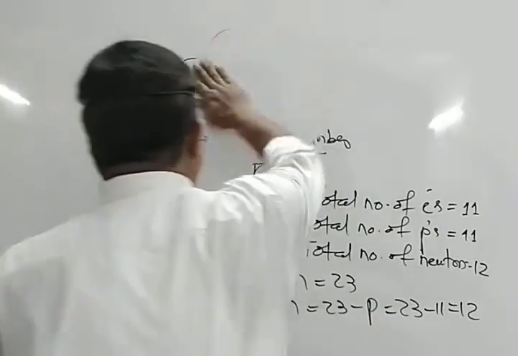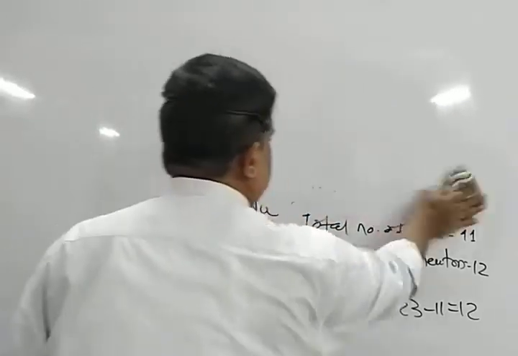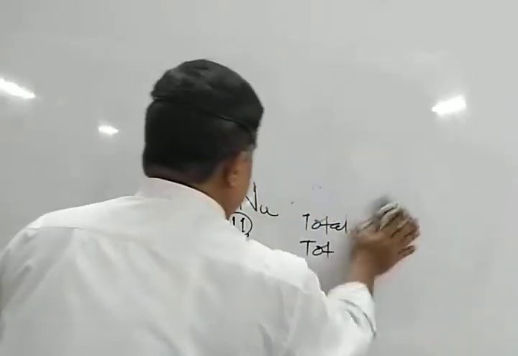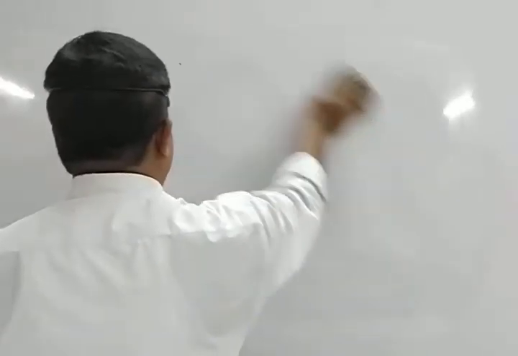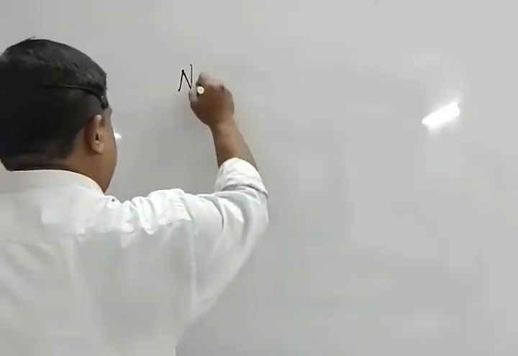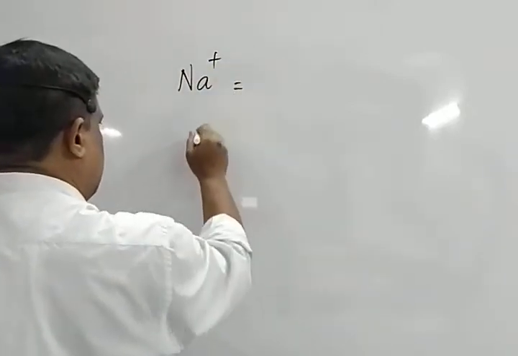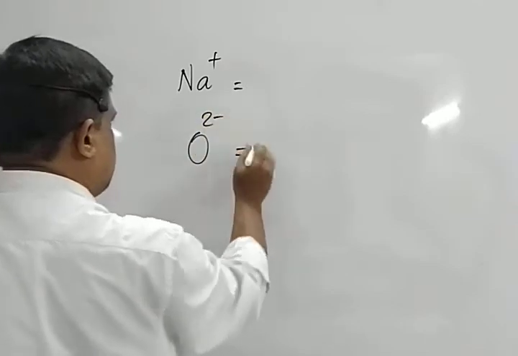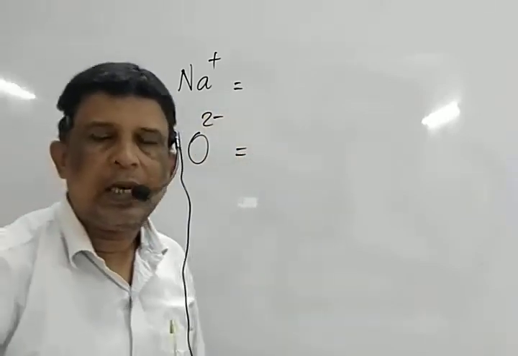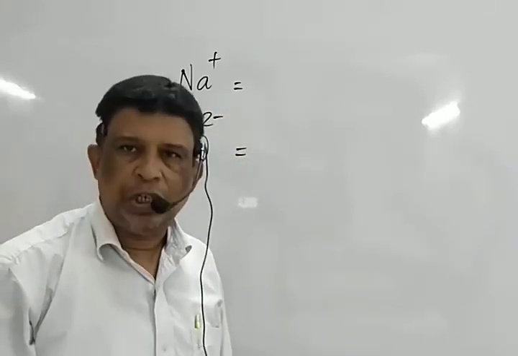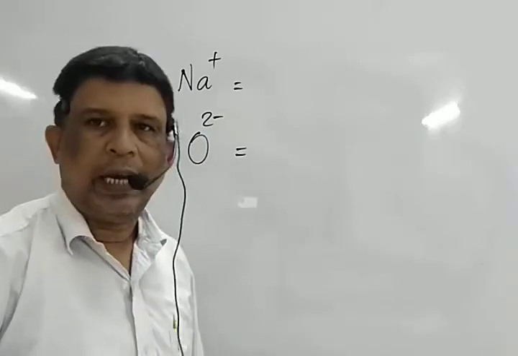In case of ionic species, mark that, it may be a cation and may be an anion. Mark that: Na plus, O2 minus. These are the ionic species. One is a cation, positive ion. One is an anion, negative ion.